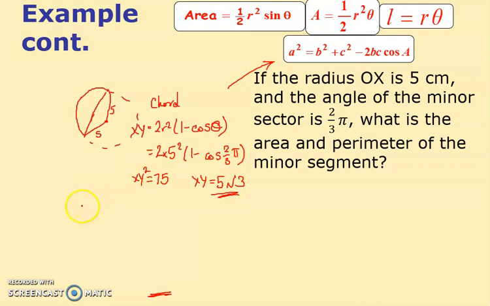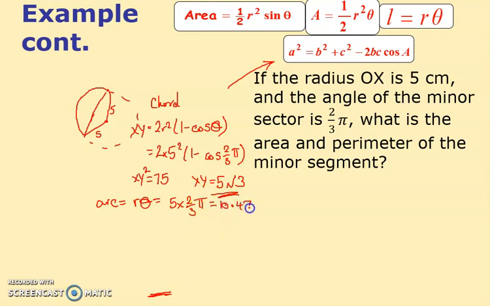Now, the next thing I want to do is to work out this distance here. Now, this is actually quite easy. The arc is just r theta, and that's 5 times 2/3 of pi, and that's 10.47.